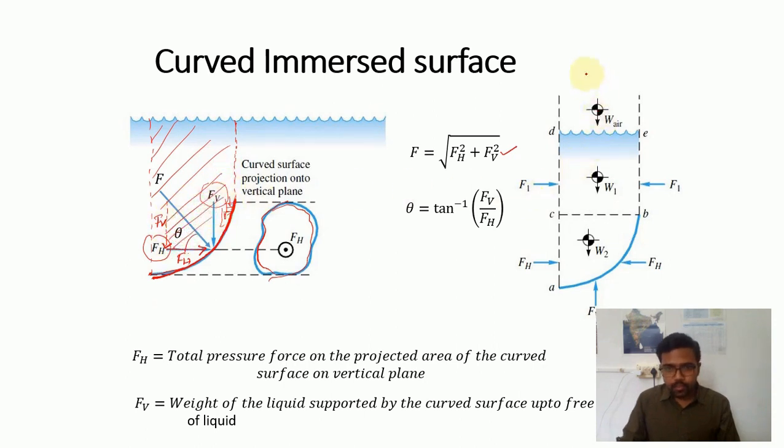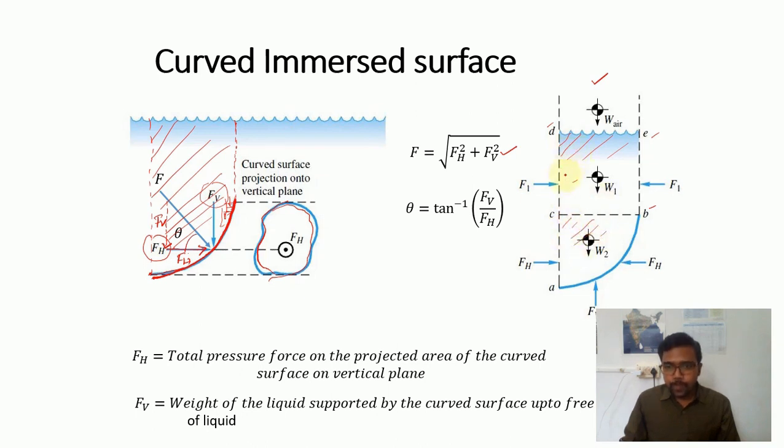So it looks like this. Now this is the weight of the liquid in the region BCDE, and there is some weight of water there.